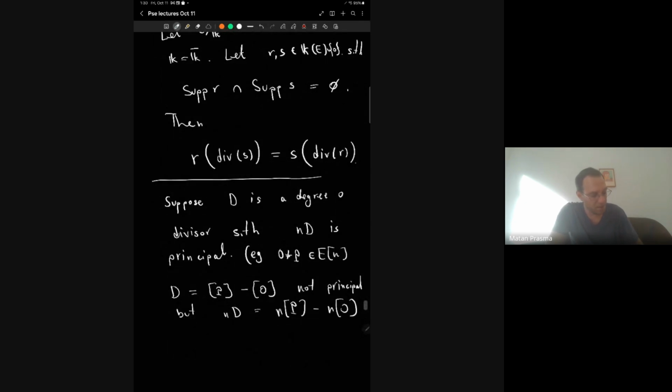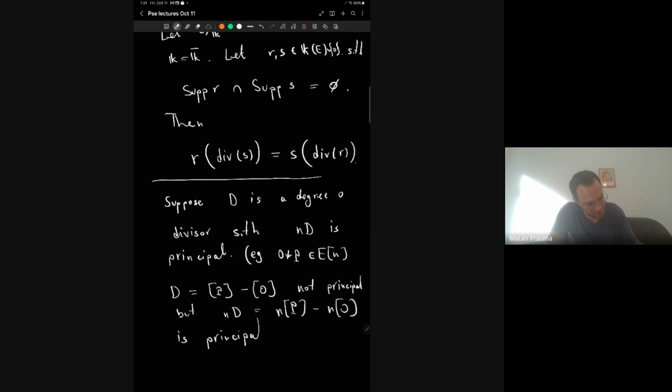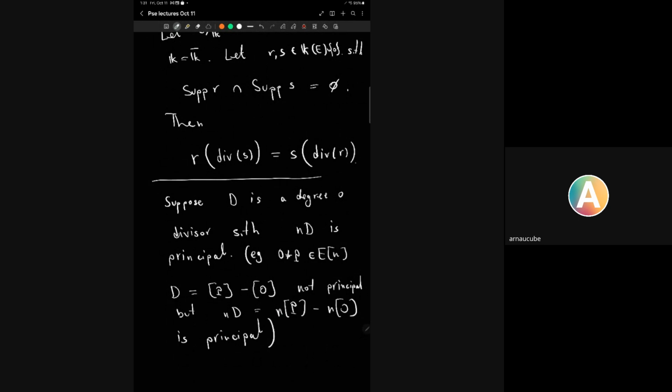You see why or not? Yes, because now both the sum and the degree are 0. It's because I took P to be an n torsion point. So this thing is going to be NP minus NO, and NP is assumed to be 0. Cool.